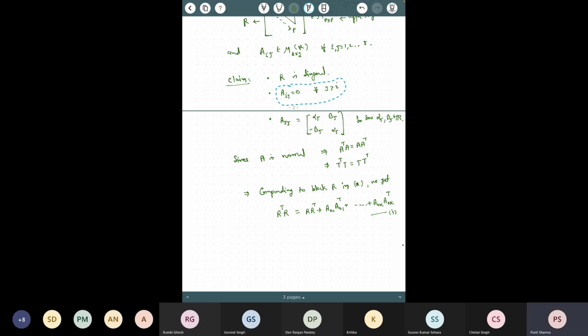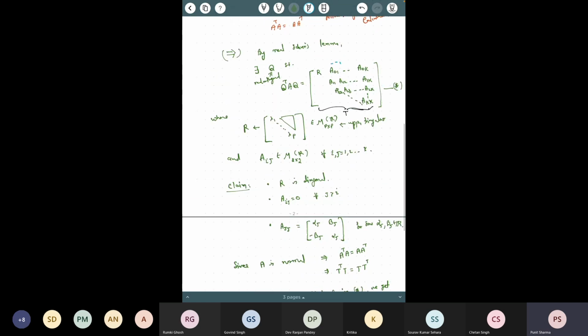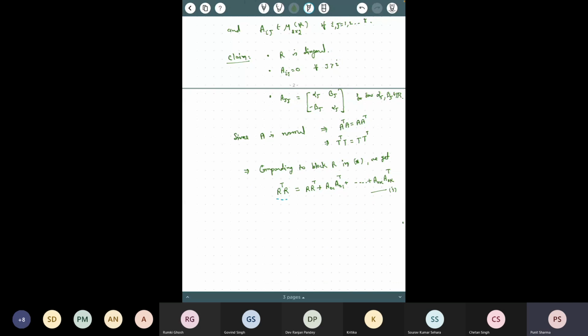First, for the entries corresponding to block R, I'm trying to show that these blocks are 0. Because if these blocks are 0, then because of this, R transpose R equals RR transpose, and since R is upper triangular, this implies that R is diagonal.